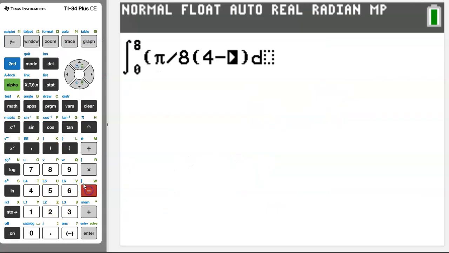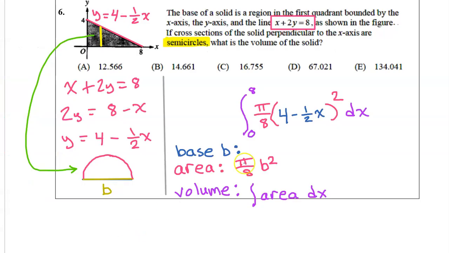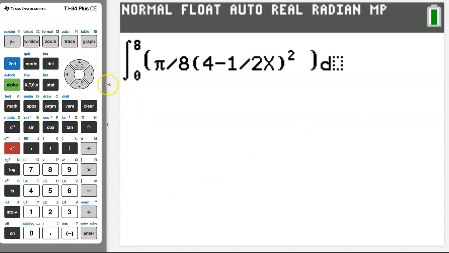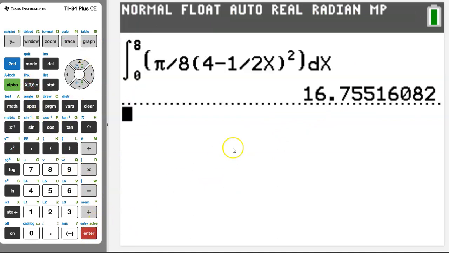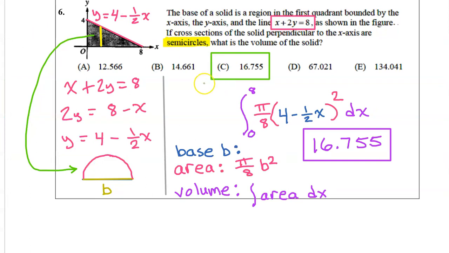So 4 minus 1/2 x, and then close the parentheses and square it. I think that's it. Kabam! 16.755. So the answer is C.